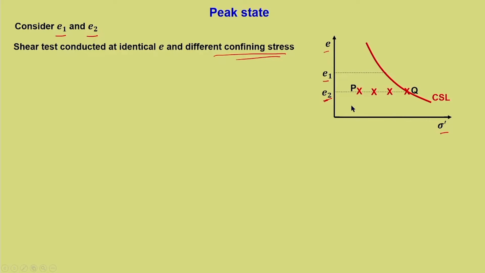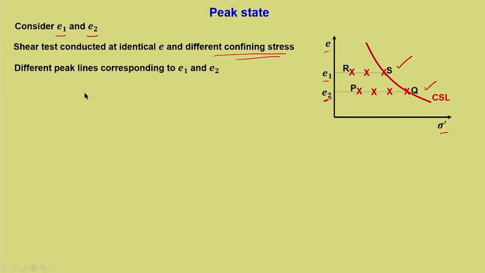So, let this be PQ, and for e1, the same void ratio but with different effective or confining stress, it can be denoted as RS. So, there is a PQ series and there is an RS series.